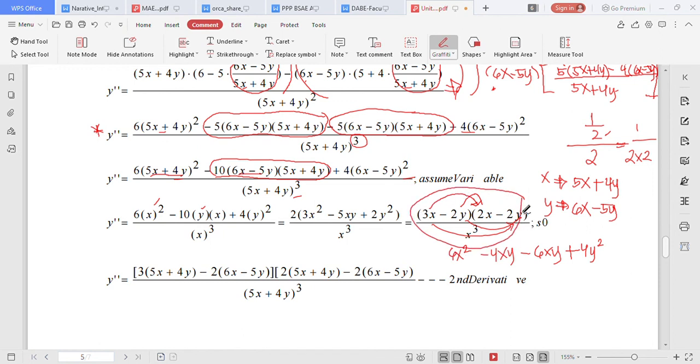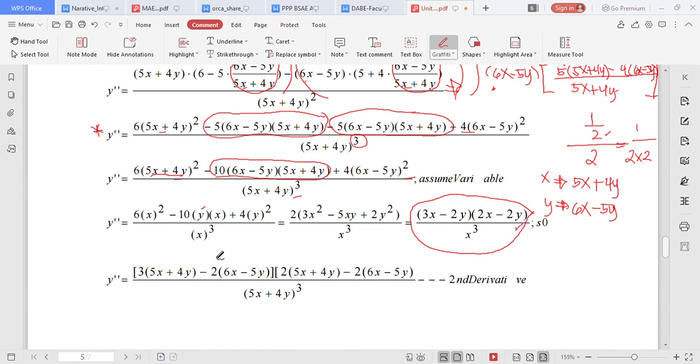So, what's next? Then, we use this factor. So many things to write, right? We use that factor, we use this one. So, our final answer follows this simplified form.